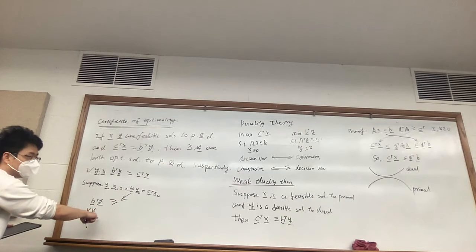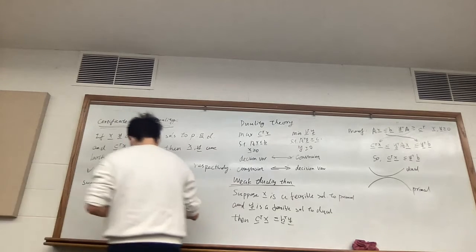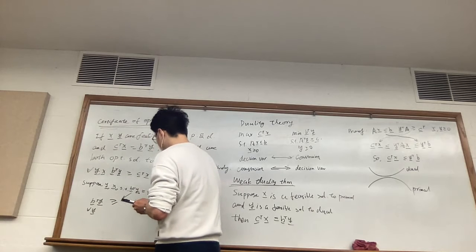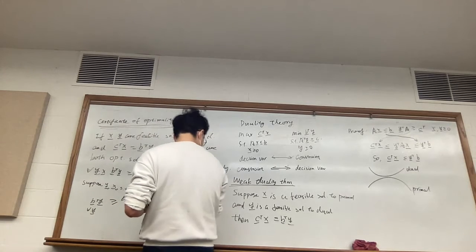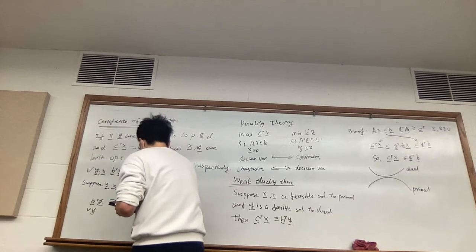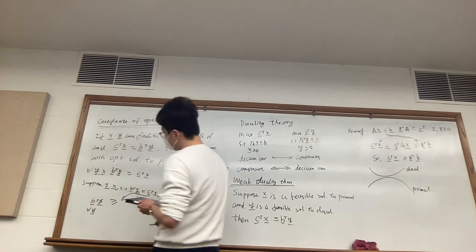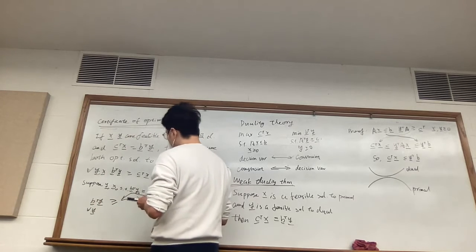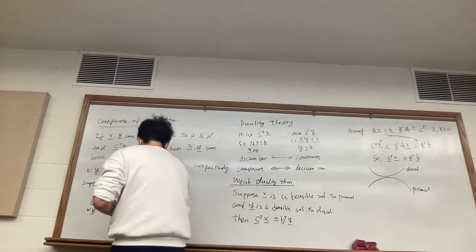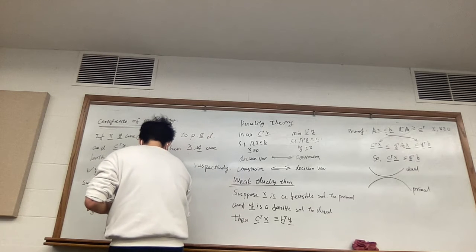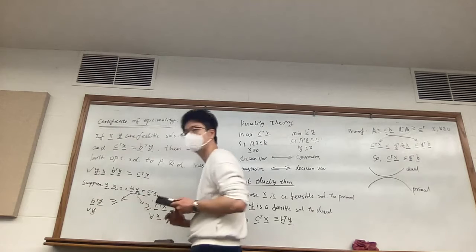Is that correct? And also, for B transpose Y0, this should be greater than or equal to C transpose X for any X, right?